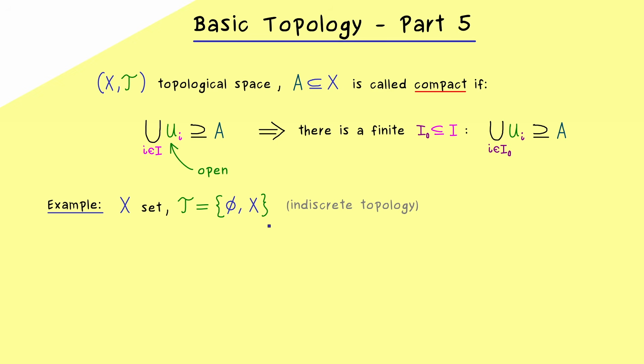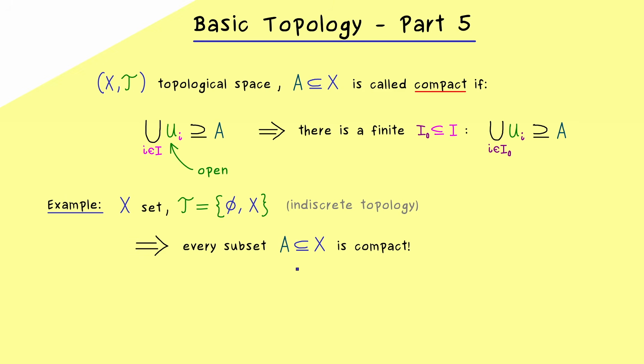So because X has to be included in every open cover here on the left hand side, we can just restrict ourselves to X on the right hand side. And with that we have our finite subcover that works for every subset A. So the nice conclusion is that in this topological space, every subset A is compact.